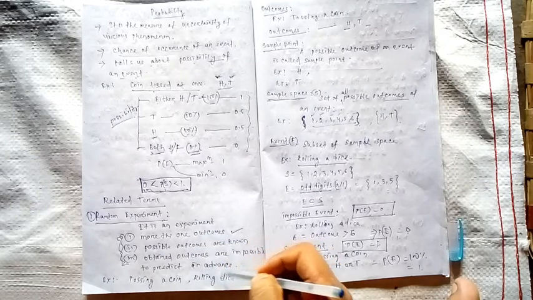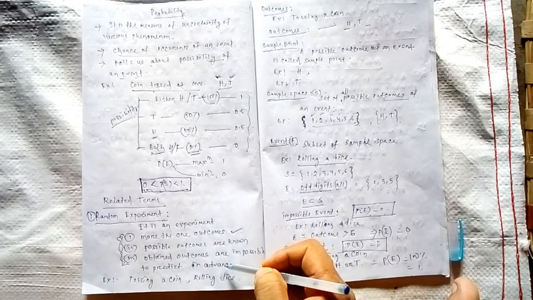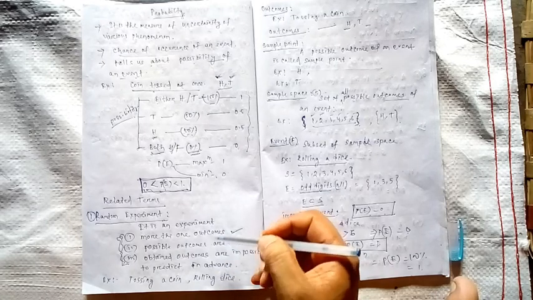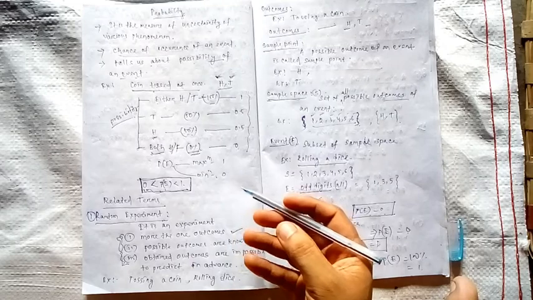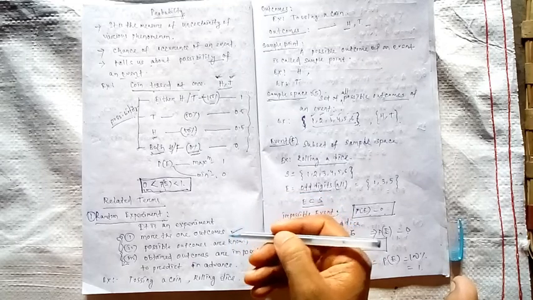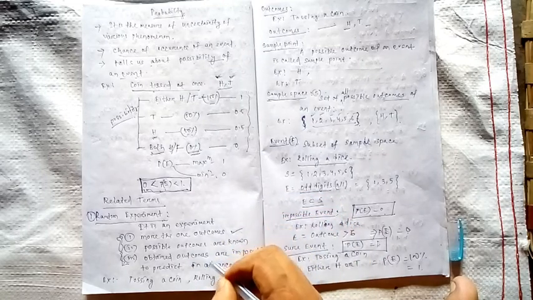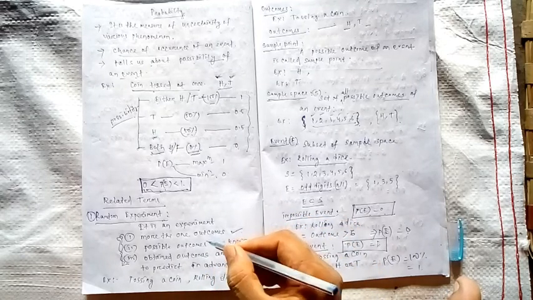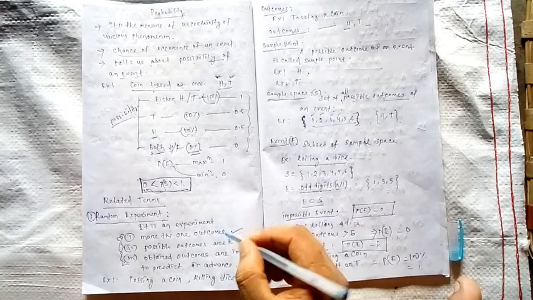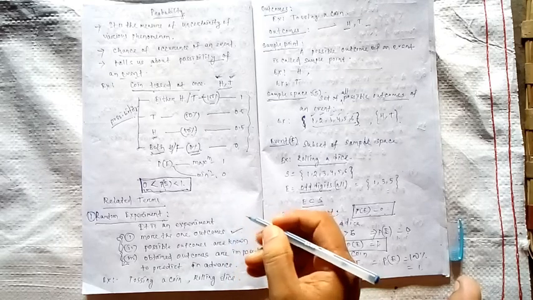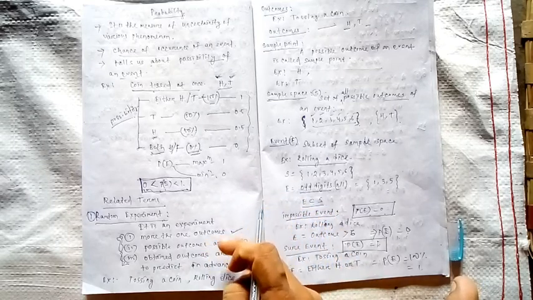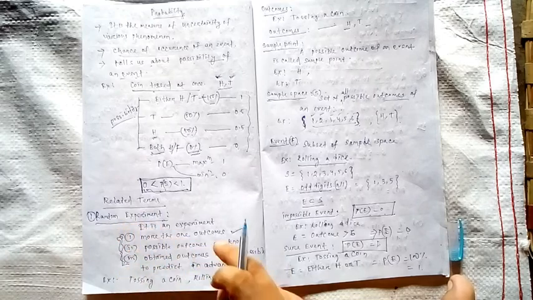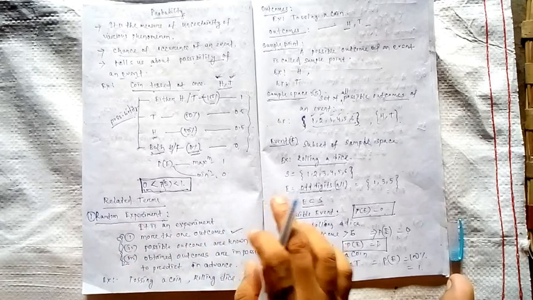Like rolling a dice. Rolling a dice has more than one outcome, that is 1, 2, 3, 4, 5, 6. But we don't know what is the obtained outcome. Possible outcomes we know, but we don't know the obtained outcomes. That's why it is called random experiment.